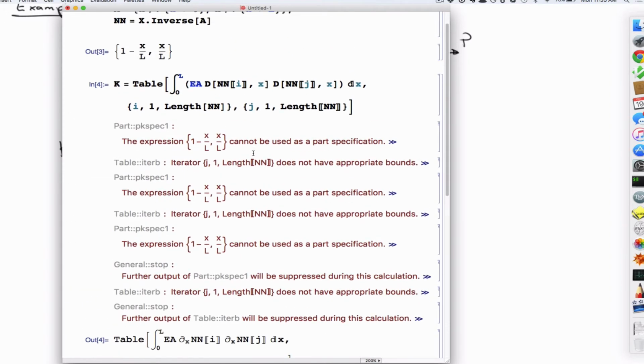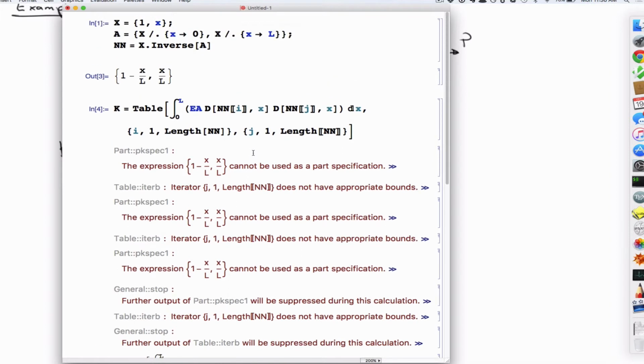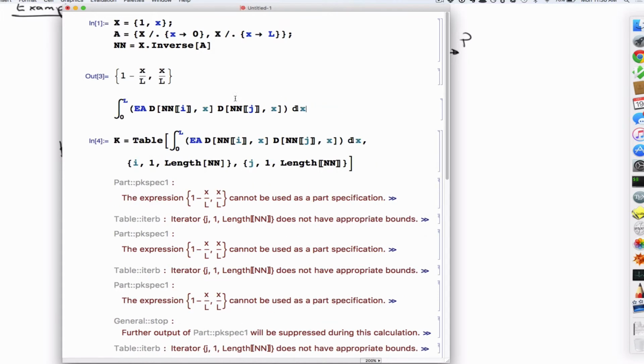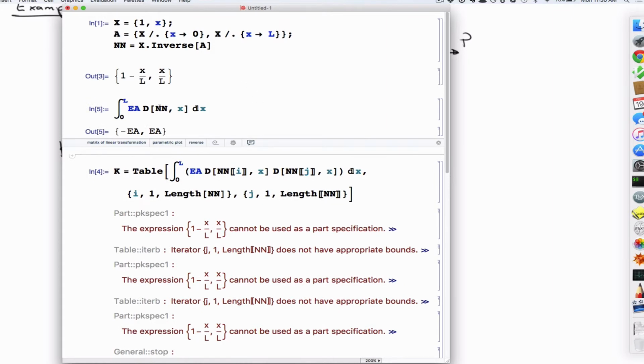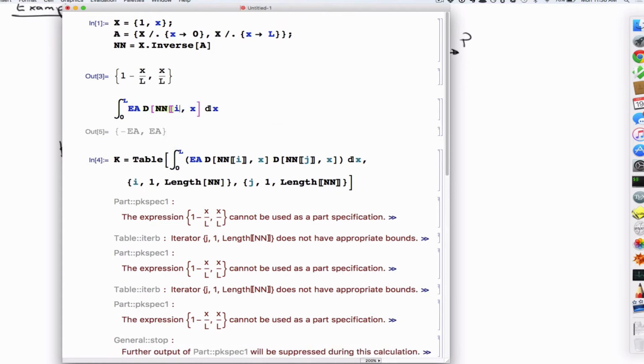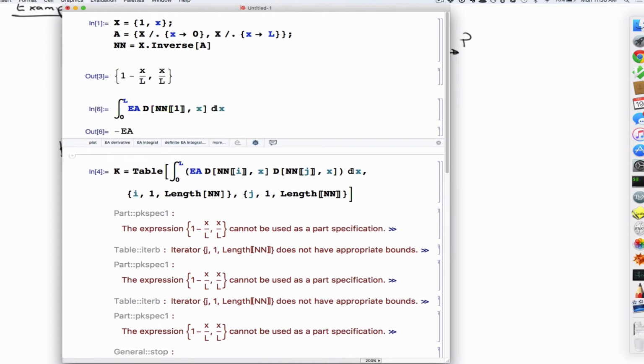Sorry, guys. Let me pull this out and just see what's going on here. If I just do this, what happens?